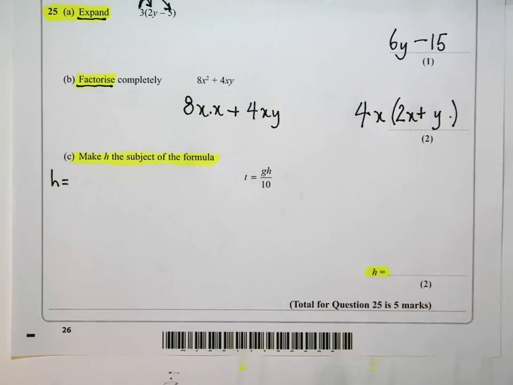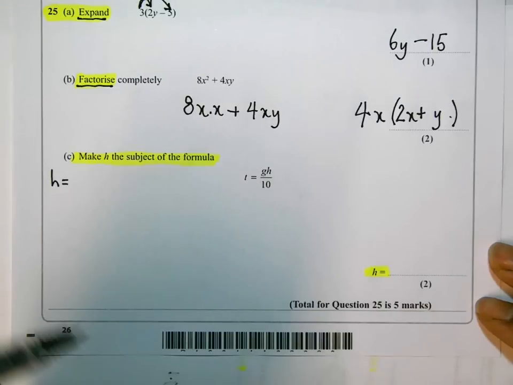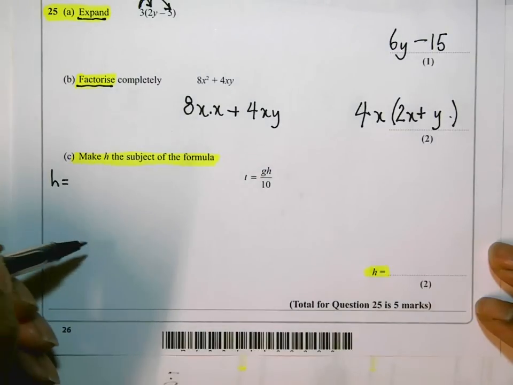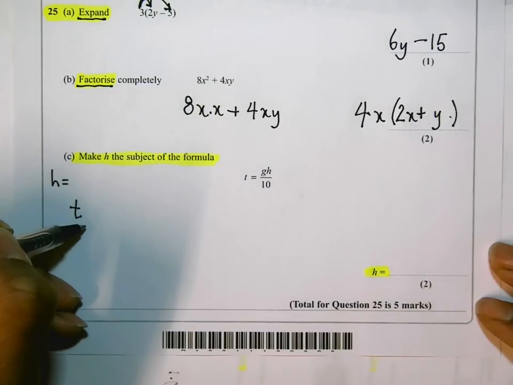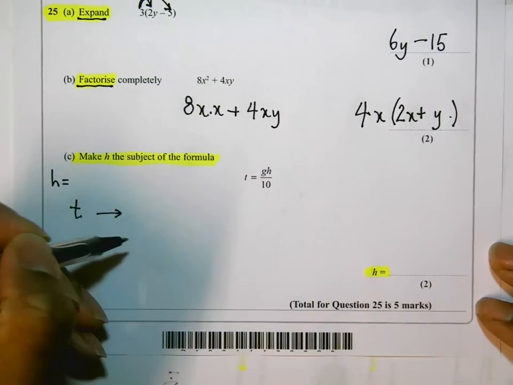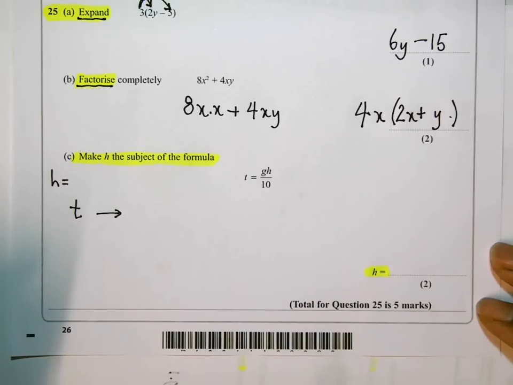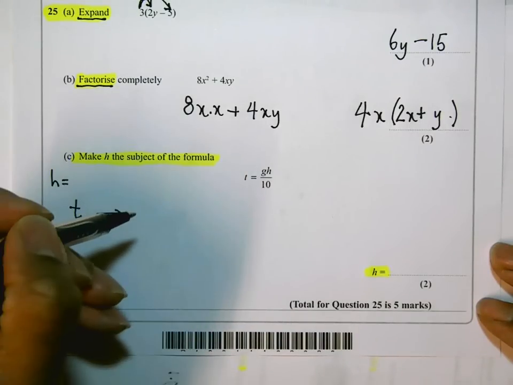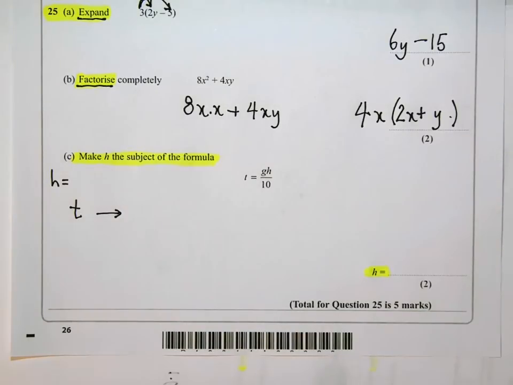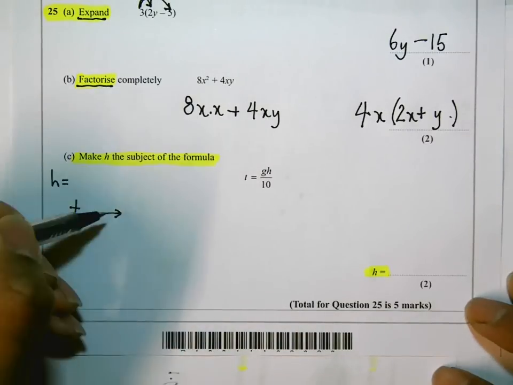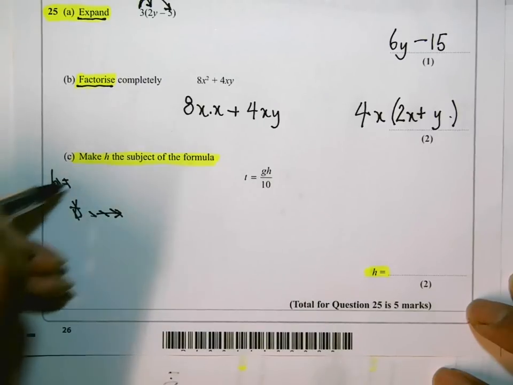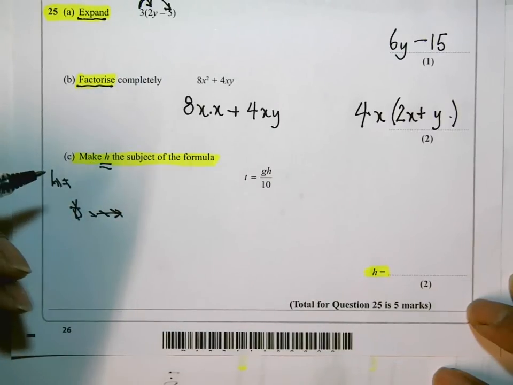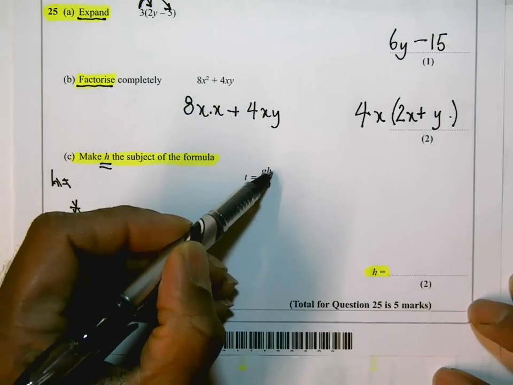The best way to do this is to use a flow diagram. So start off with, you've got t, and that is equal to, okay, don't start off with t. You're going to start off with h because it asks you to make h the subject of the formula. So you're going to start off by looking at what happens to the h there.